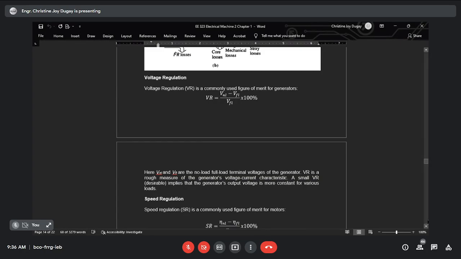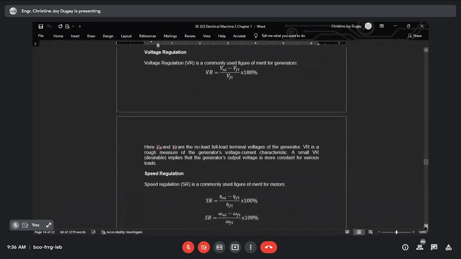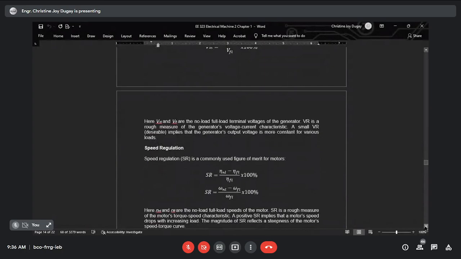How about the speed regulation naman? Ang SR naman, that is usually for the motors. That is for usually motors, no? So, ang SR natin ngayon is speed no load minus speed full load over speed full load, no? Or pwede nyo gagamitin yung omega natin, or that is the rotational speed at no load minus rotational speed at full load over full load.